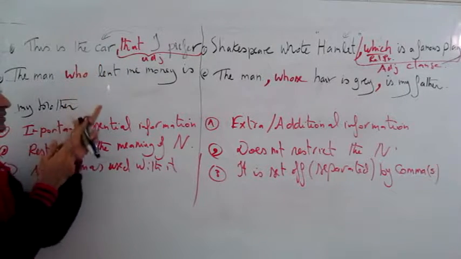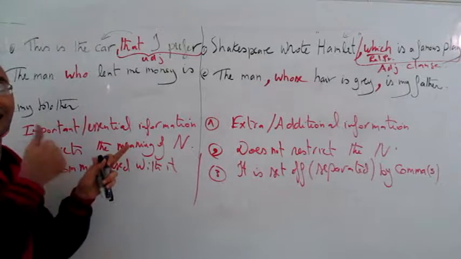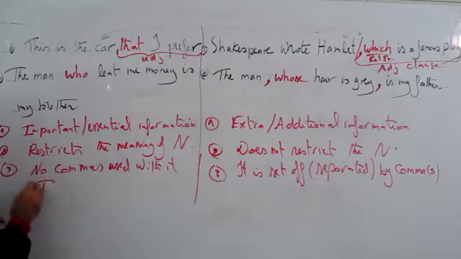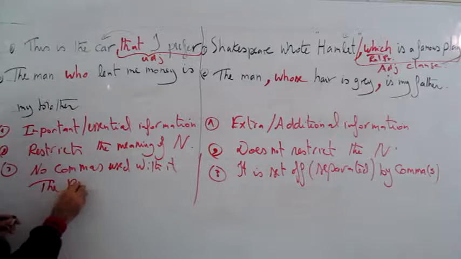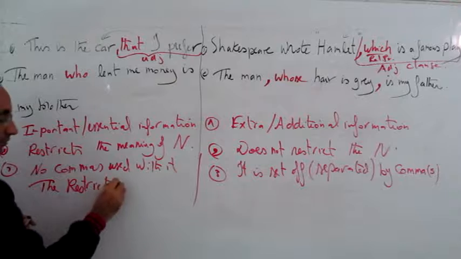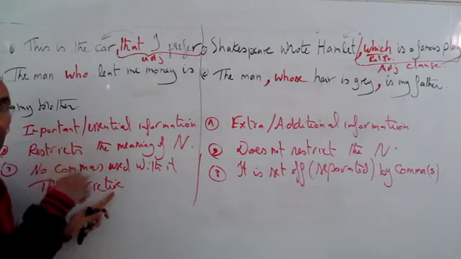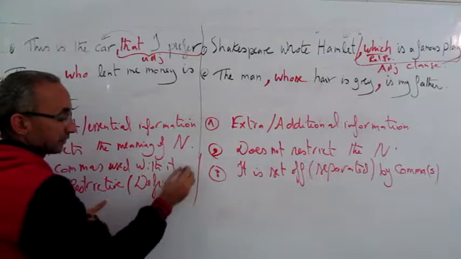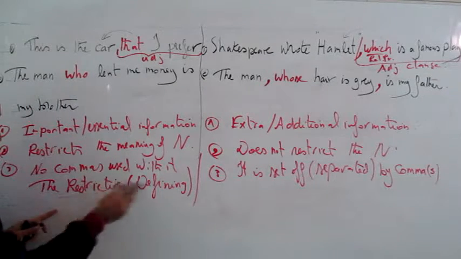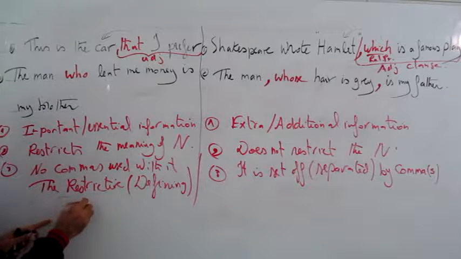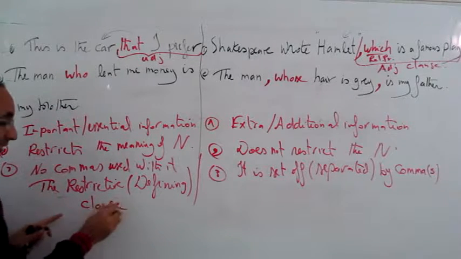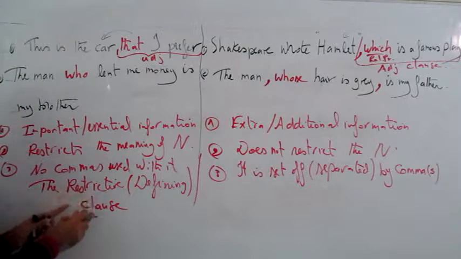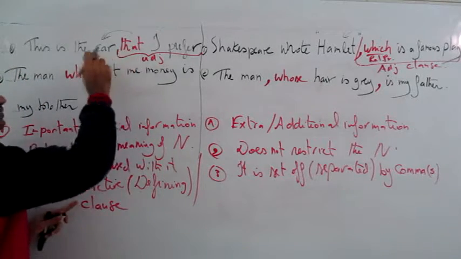It represents the first type of adjective clause, which is called restrictive, clear. And in some grammar books it's also called defining. Of course, it's always a relative clause. When I say restrictive or defining clause, I mean relative and also adjective, because it starts with a relative pronoun.